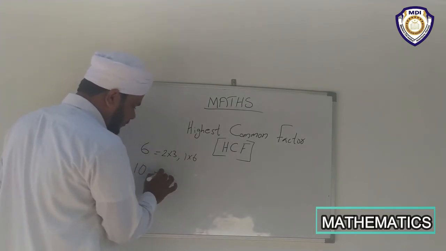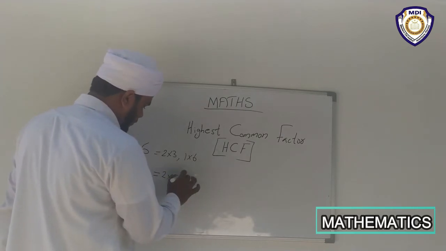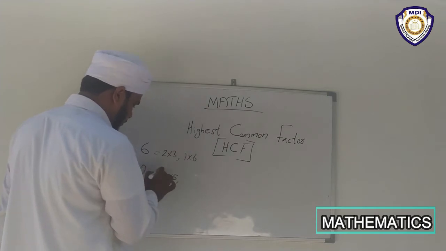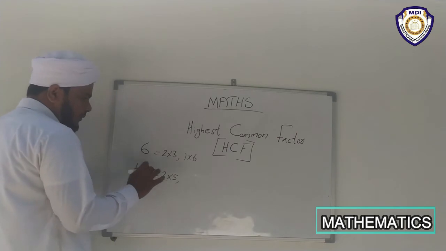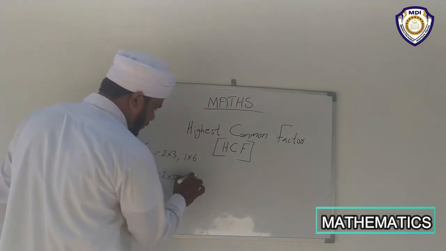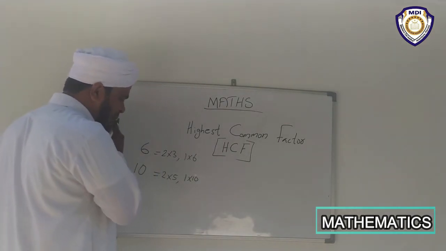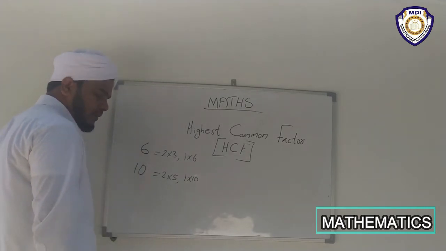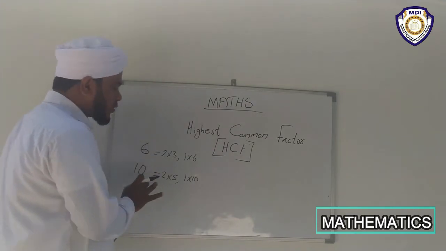Then which are the factors of 10? 2 into 5. These are the factors of 10, and these are the factors of 6.